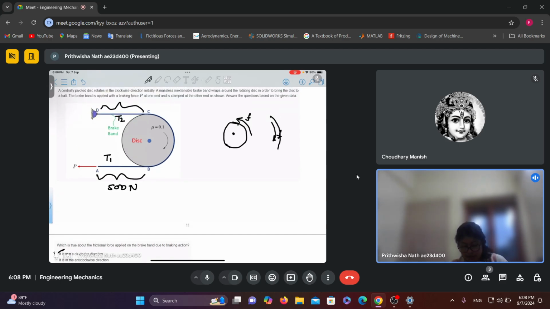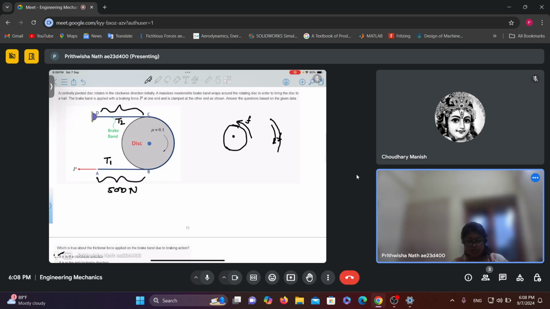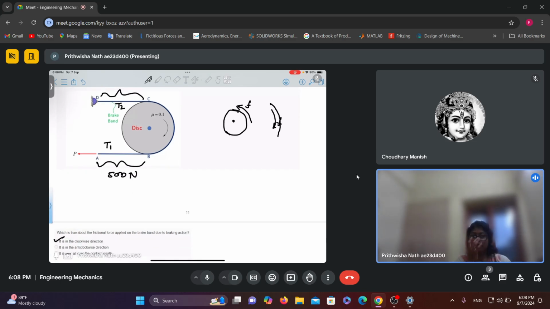The disc is rotating in a clockwise direction, and the brake band is applied so that the disc is brought to a halt. So the friction will act in the opposite direction on the disc. So the friction is in the anti-clockwise direction on the disc. Similarly, it's clockwise on the belt.